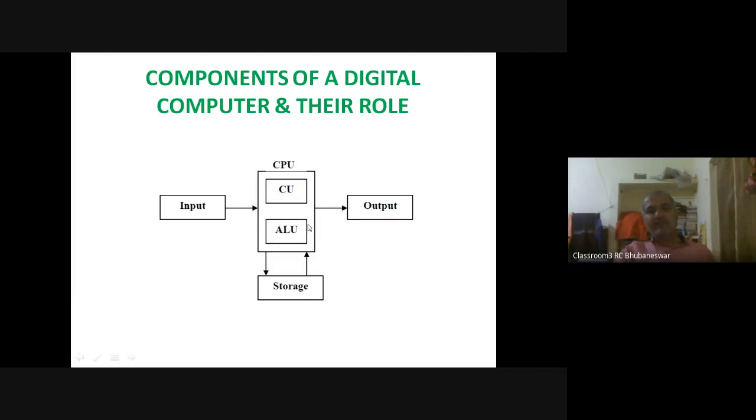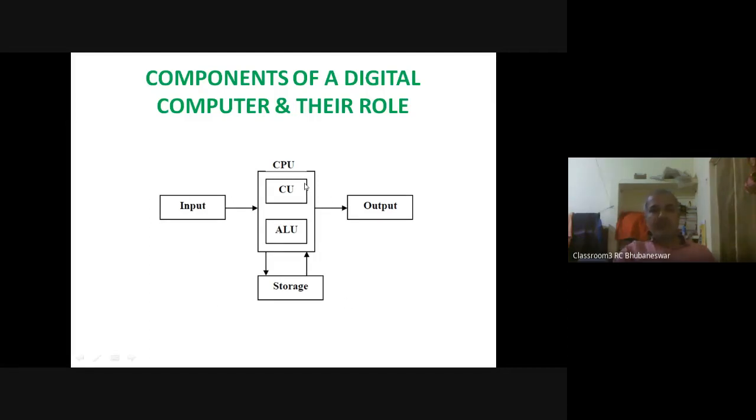What is the function of the arithmetic and logical unit? The ALU is responsible for performing arithmetic operations like addition, subtraction, multiplication, division, etc., and logical operations like logical AND, OR, NOT. So the processing is done by the ALU. The control unit, or CU, is responsible for coordinating all the parts of the computer.